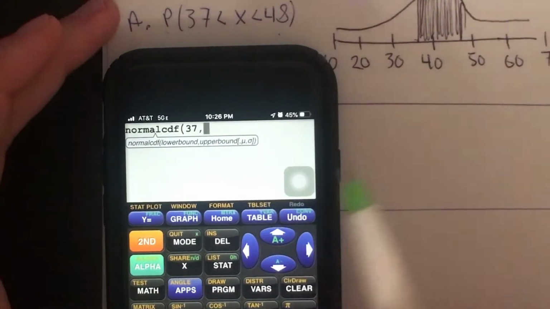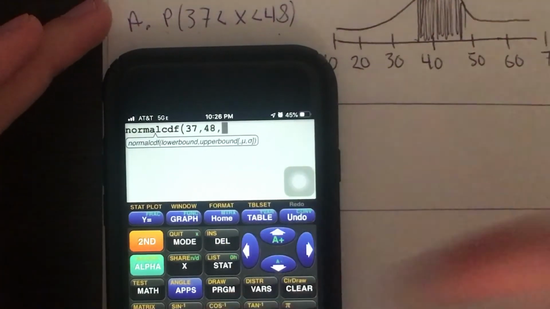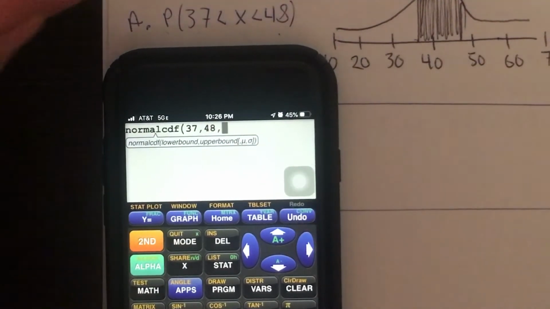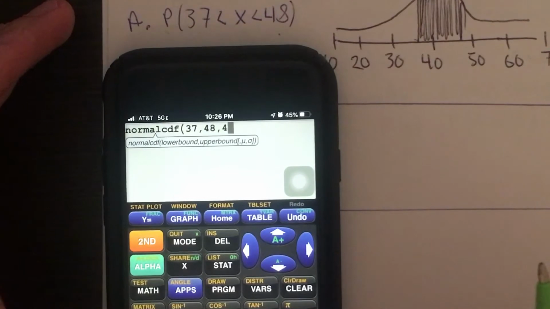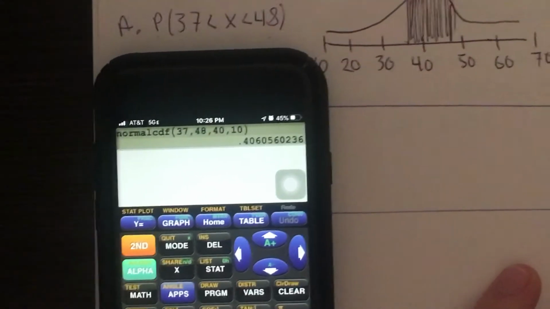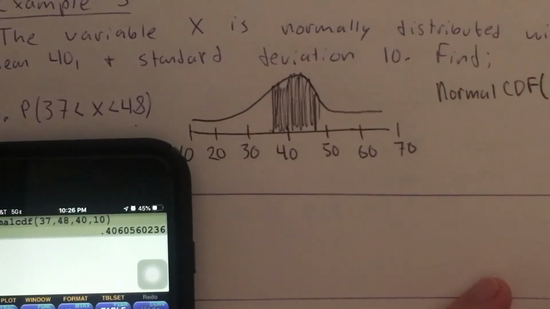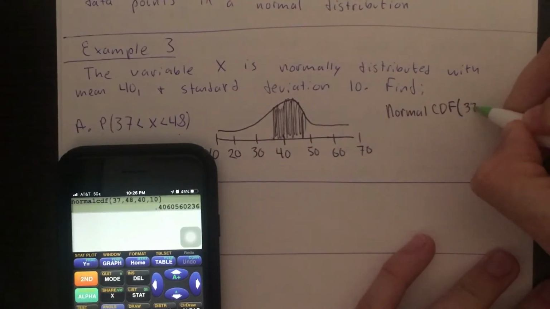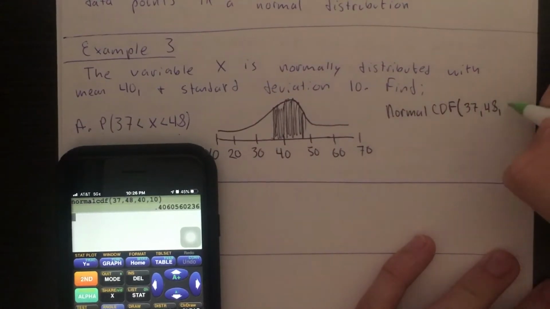For 48, we're going to put 48. We're going to put a comma there, and then it wants the mean, and then it wants the standard deviation. So for this problem, the mean is 40. The standard deviation is 10. And we calculate that. So I'm going to write down over here what we wrote in the calculator. So we did the lower bound of 37, we did 48, we did 40, and we did 10.